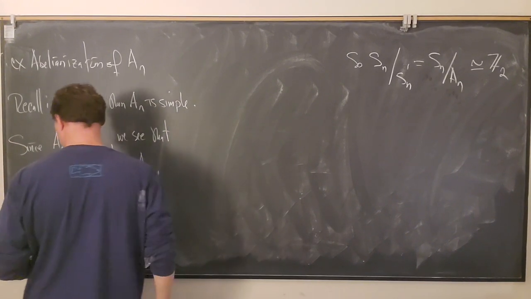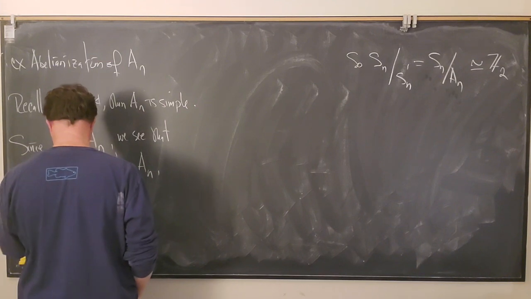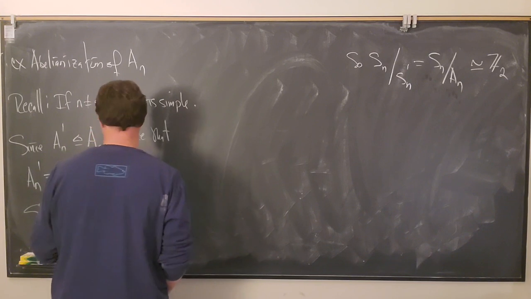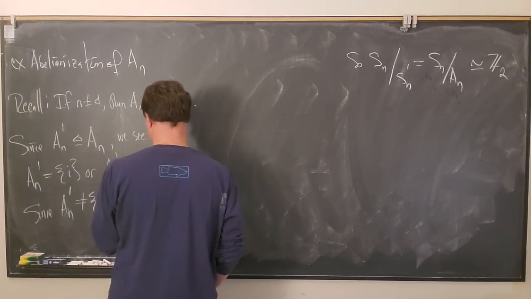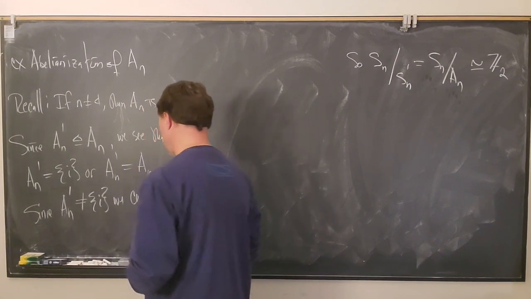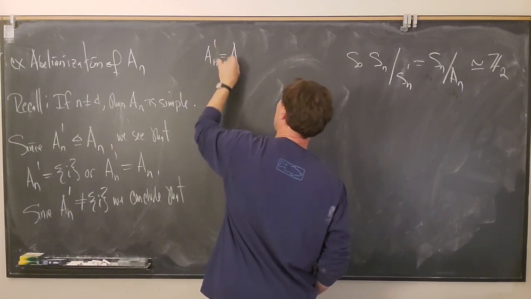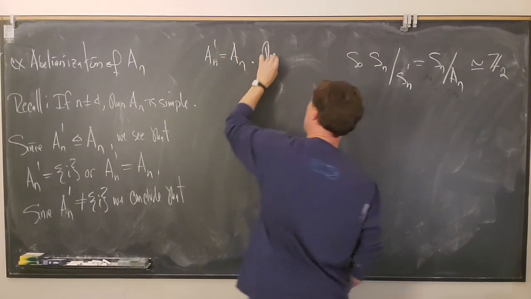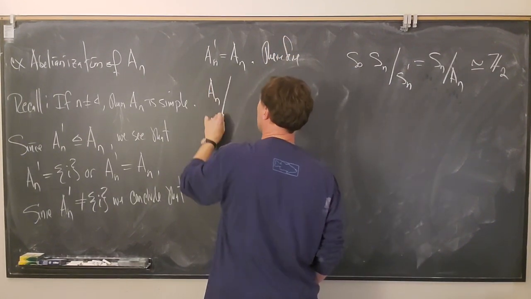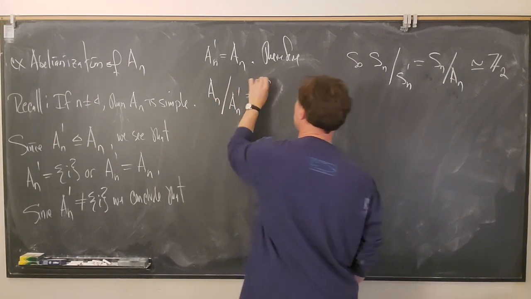So since An prime is non-trivial, we conclude that An prime has to equal all of An. Therefore, the abelianization is trivial.